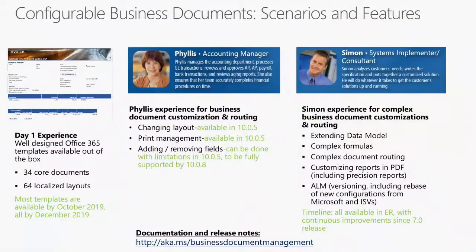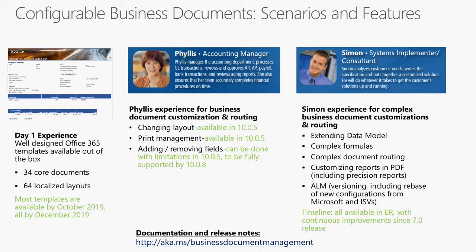So, the overview of configurable business documents, scenarios, and features. We released what we call the electronic reporting tool with the first release of the Finance and Operations cloud version, and we target this tool for the Simon persona. Simon is a functional consultant. He's quite an experienced guy.